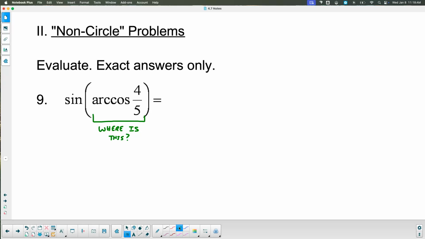My question to you is, where is this? What quadrant? First quadrant, right? For cosine, because we're dealing with arc cosine, your only two choices are first or second quadrant. So since it's positive, it's got to be in the first quadrant. So let's draw ourselves a little picture here, a little quadrant 1 triangle.